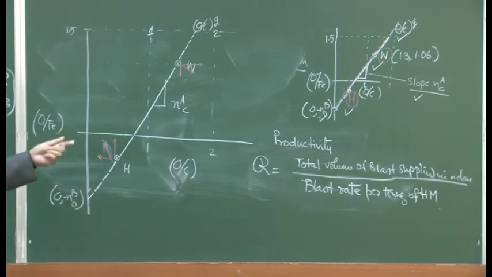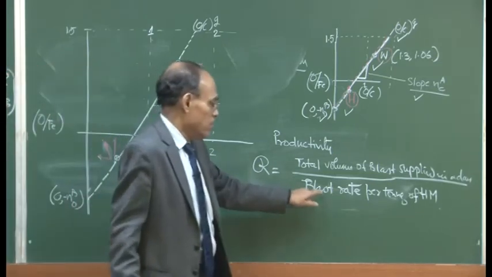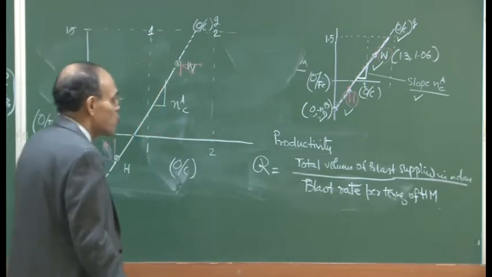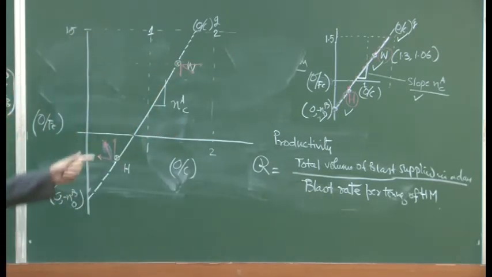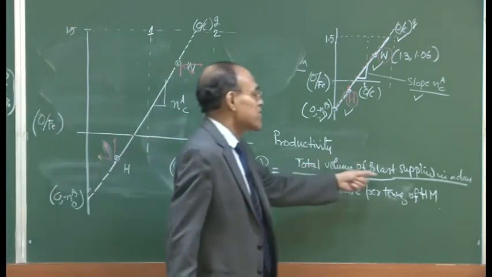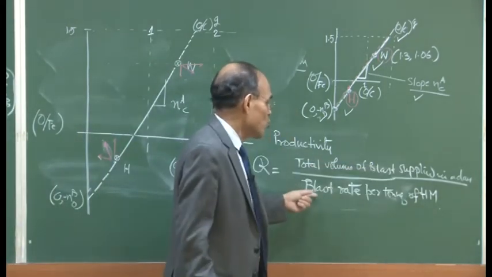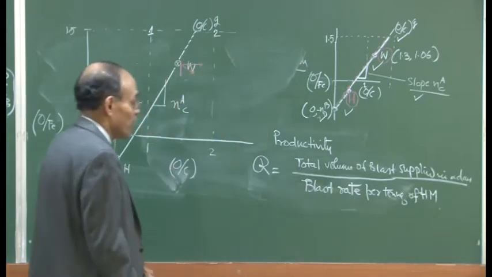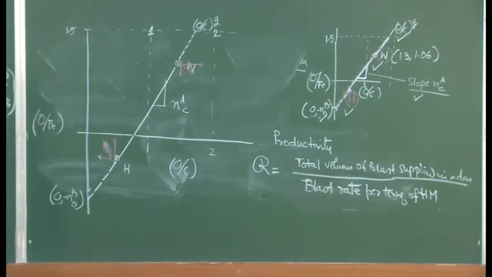Nitrogen, we could have said that instead of blast we could have said oxygen, because nitrogen is inert in this particular case, but that's the way it is. Or we could just say total volume of gas supplied and total volume of gas used per ton of hot metal, but we know that it is oxygen which is used and not nitrogen per se.